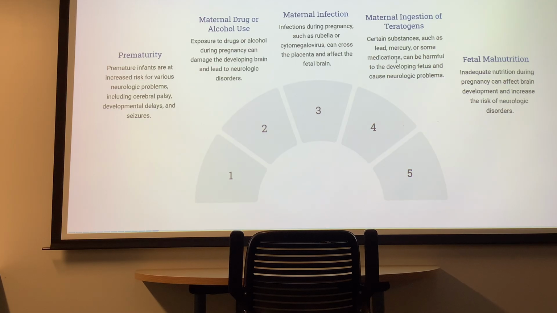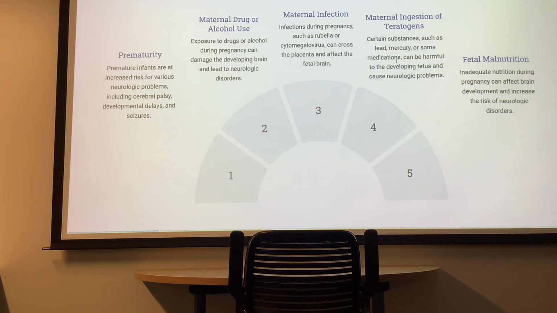Maternal infection, we talked about that. Rubella is a huge one that can cause defects in children, okay? Cytomegalovirus, both of those can cross the placenta and into the fetal brain. Ingestion of teratogens, like lead, mercury, some medications. Those who are pregnant are told they have to follow a specific diet to an extent, right? What not to eat because it contains those things.